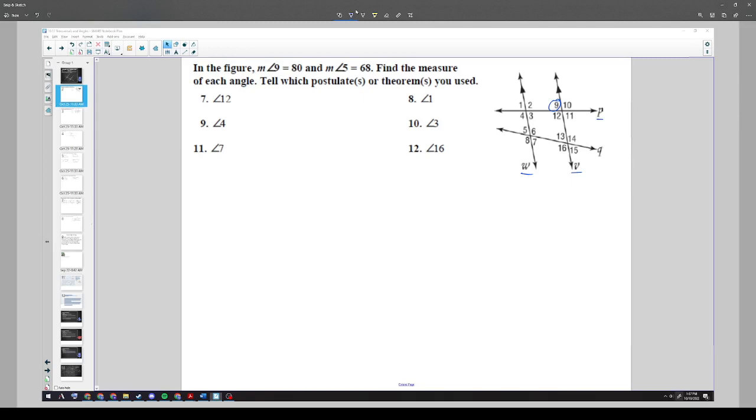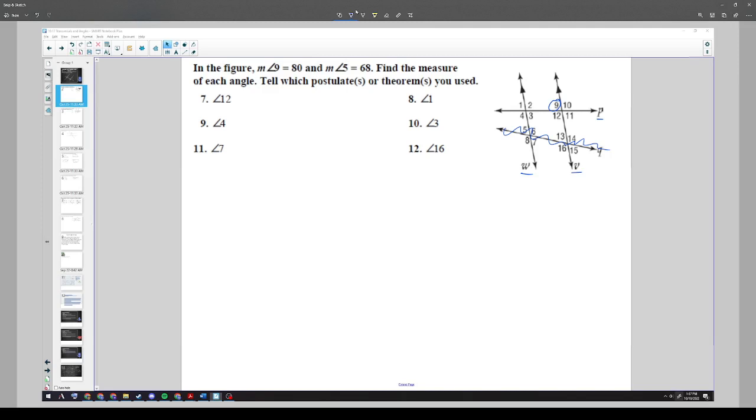If I had this on a paper, I would put a pencil or my finger over it and just cover everything on line Q, because none of that is relevant to what's going on with these two parallel lines and the transversal of P. So angle 9 tells me all 8 of these angles because W and V are parallel.